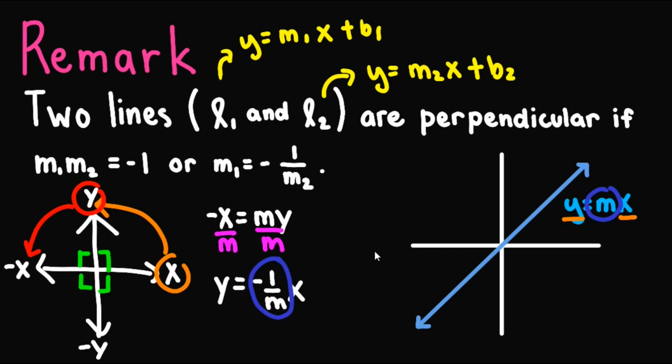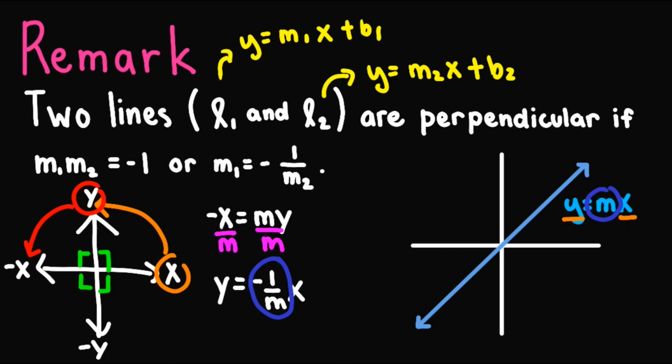Clearly, the slope of this line that is rotated 90 degrees is the negative reciprocal, which matches what we want. And when you multiply m and negative 1 over m, we obtain negative 1, which again matches our desired outcome.